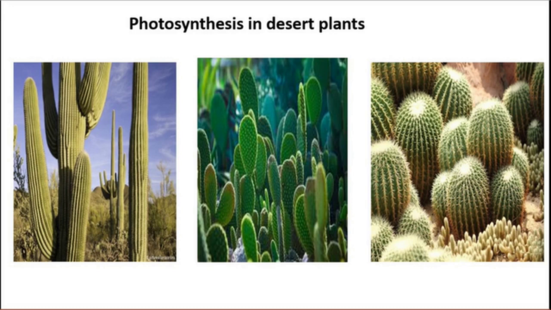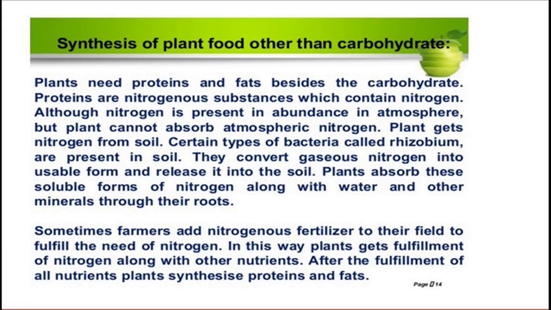So these plants have green stems which carry out photosynthesis. Mostly the leaves are very small in desert plants and the stems are greenish in color and they carry out the process of photosynthesis.